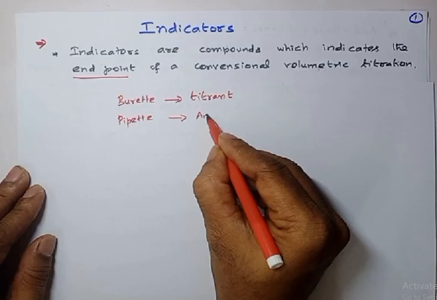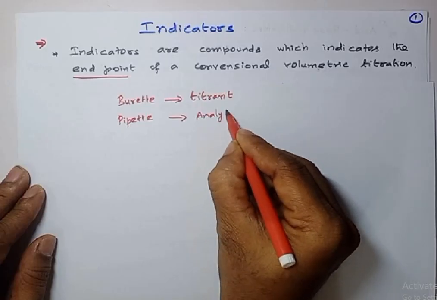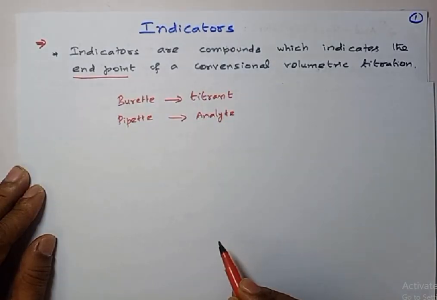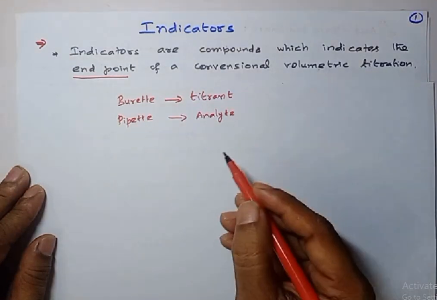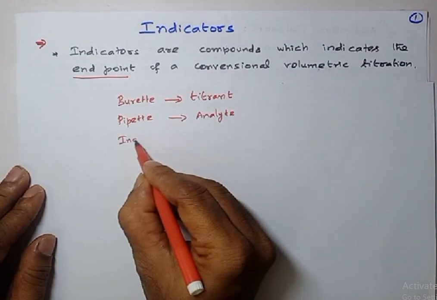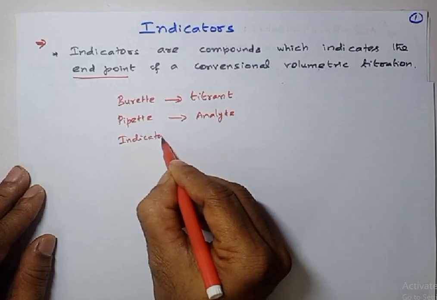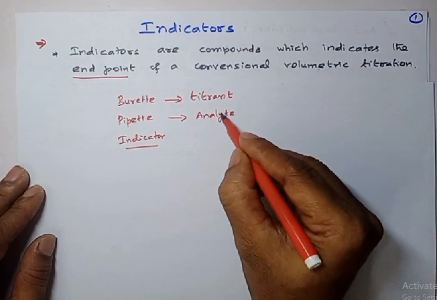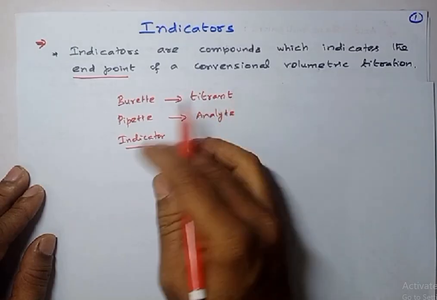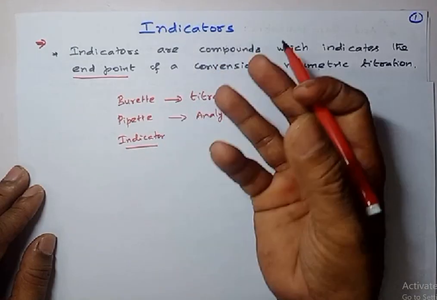We call that solution the analyte. We take this pipette solution in a conical flask, then we add an indicator along with that. Then the analyte and indicator will form one color.